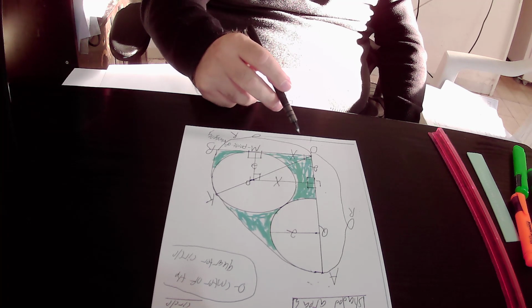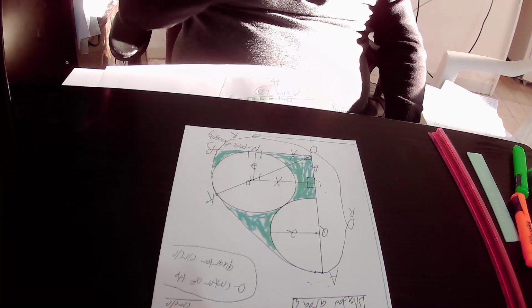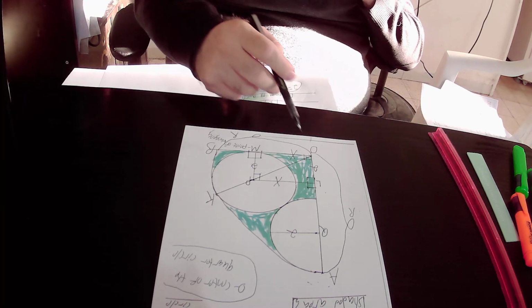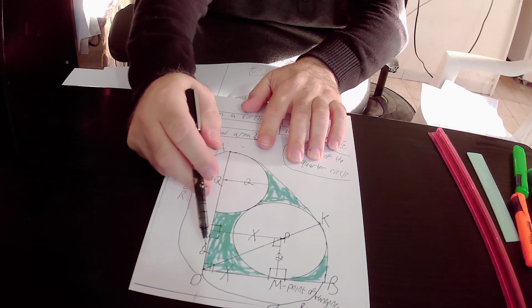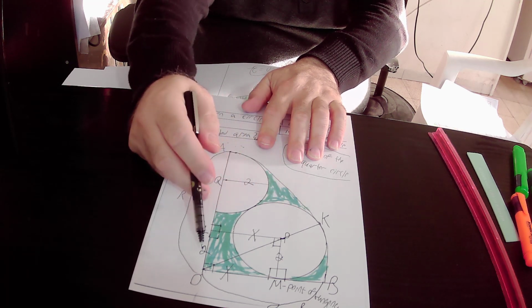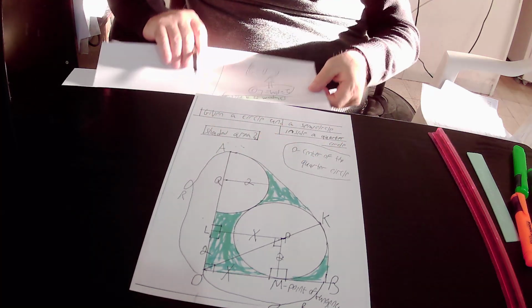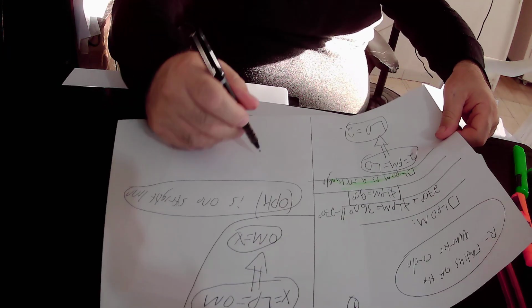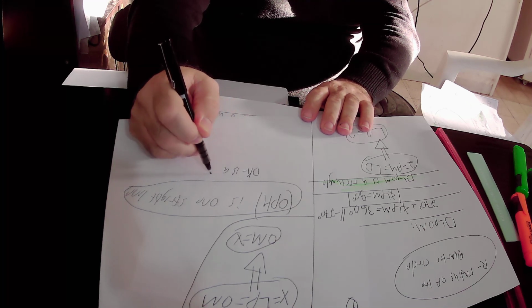It is exactly like saying that OPK is one straight line. So if OPK is one straight line, it means that OK is a straight line.